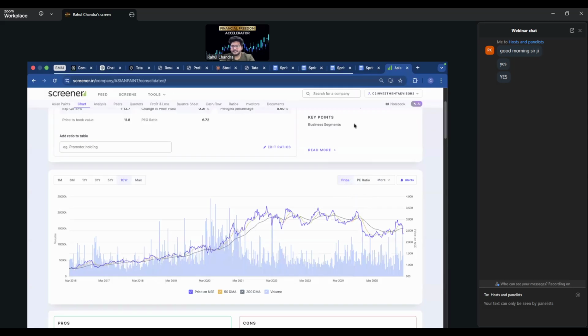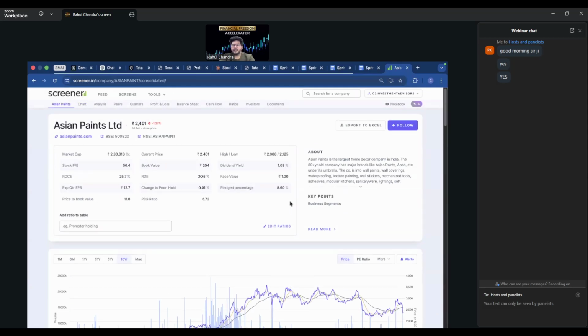It has increased because only if you are, you know, I'll come to this concept later. Let's say a company is making 1 rupee of profit for every 10 rupees of sales, and you paid 100 rupees for that company. Okay. Next year, will somebody pay 20 rupees for that company if it is still making 1 rupee of profit?